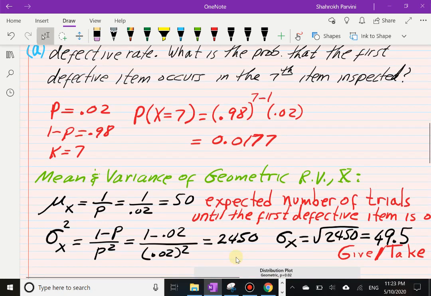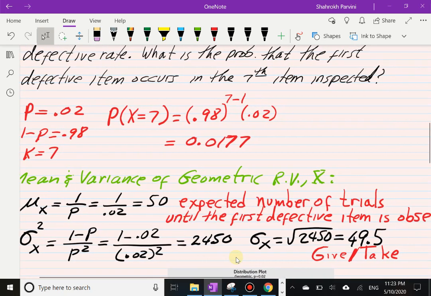For the standard deviation, you go through the motions here and you get almost 50. That's just pure coincidence, by the way. I call that the give or take of the expected value. Notice that's pretty large: the deviation relative to the mean is pretty large. That happens because p is so small.